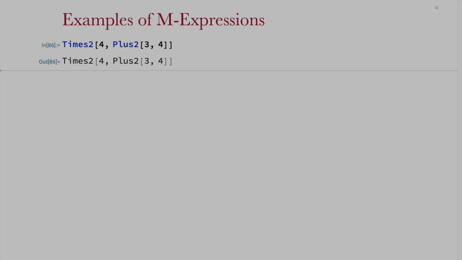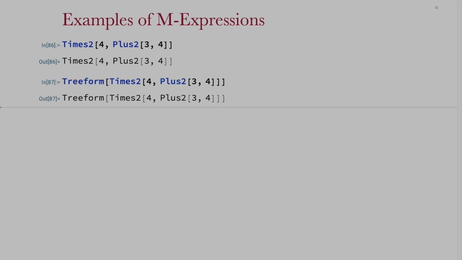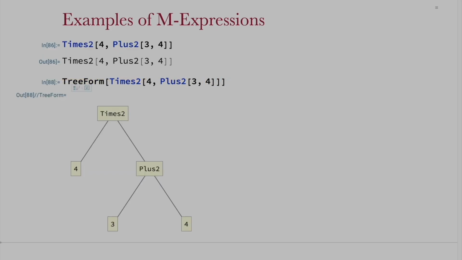And we can also do TreeForm of that M-expression. Oh, I made a mistake somewhere. Oh, capital F, okay. Mathematica is case sensitive, right? So this is another example of an M-expression.